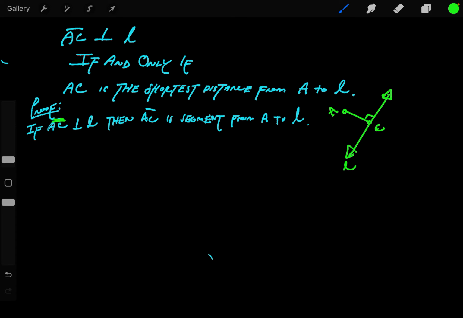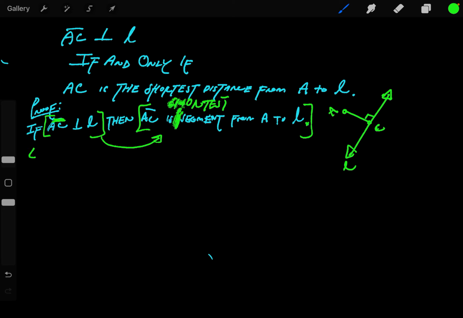If that's the case, I want to show this. I want to guarantee that AC is the shortest segment. I want to conclude this in this case. I'm given that AC is perpendicular to L. I want to make an argument to guarantee that AC is the shortest segment from A to L. And how do I do that?